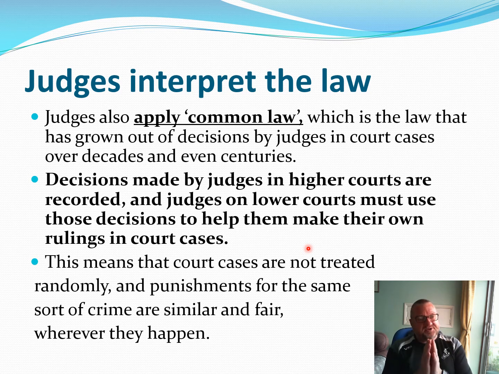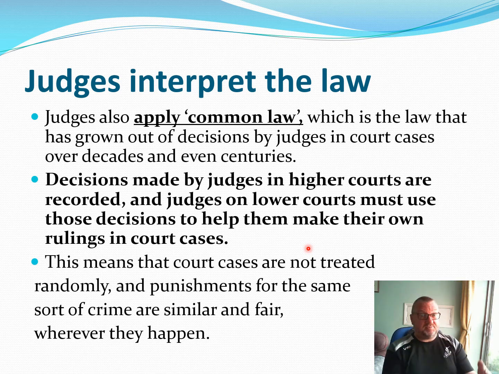Okay? So when a judge makes a decision, there's a ripple effect on that decision, from the higher courts down to the lower courts, and they've got to think about the decisions those judges have made to interpret how they make their decisions. And this is often done by lawyers. You may see in TV programmes lawyers citing cases where they go, well, in this case, Your Honour, the judge made this decision.